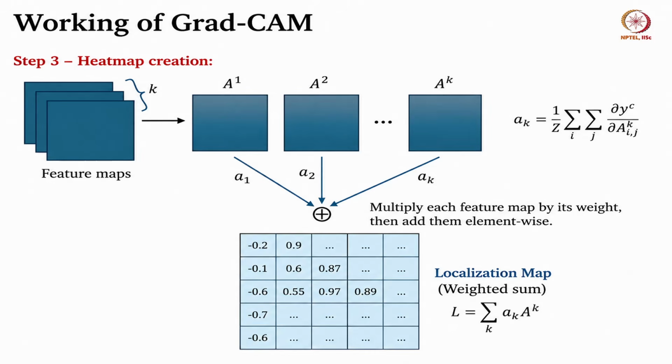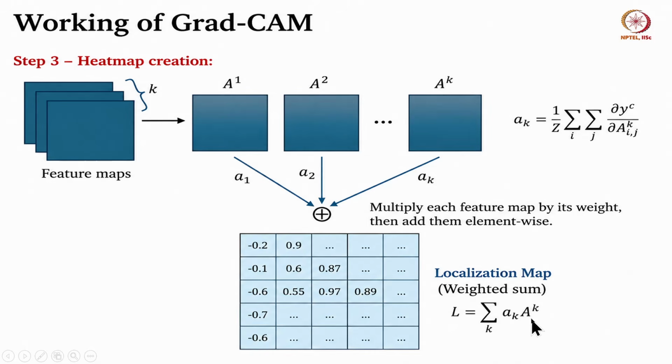We have obtained all the gradients. In the third step, we have to create a heat map. Heat map means we highlight those pixels that are contributing more in the prediction. The formula is here, as we saw earlier: small ak multiplied by capital AK.